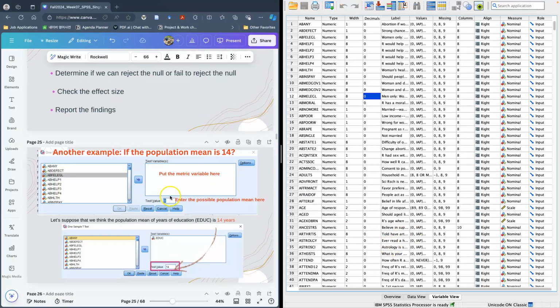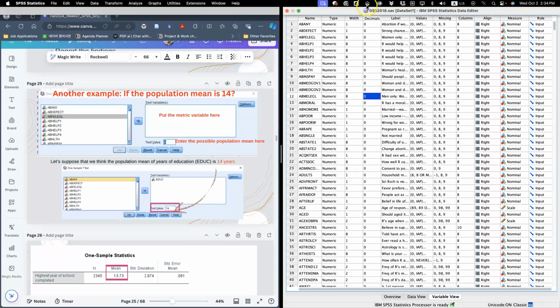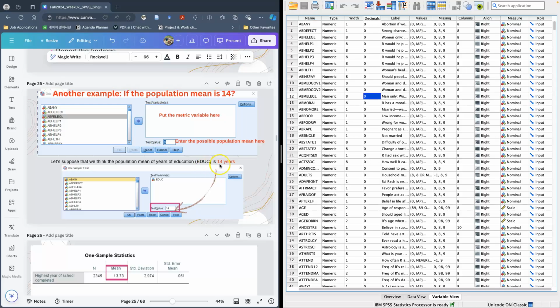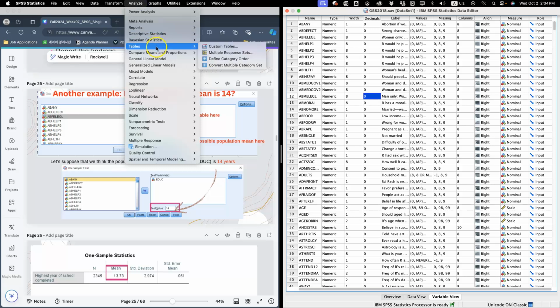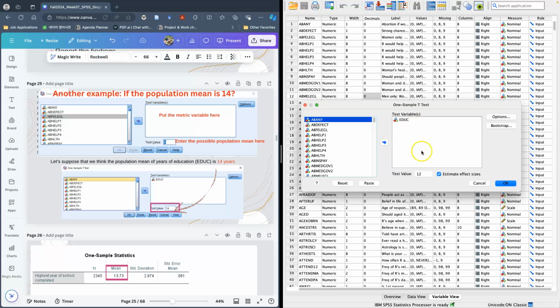All right, single sample mean. In case you assume that 14 years of education is the population mean, then going to compare means and the one-sample test, everything is the same because we are using the same variable, but we are changing to 14 as the population mean and testing whether there is a statistically significant difference between the population mean and 13.73, which is the sample mean. Let's click OK.